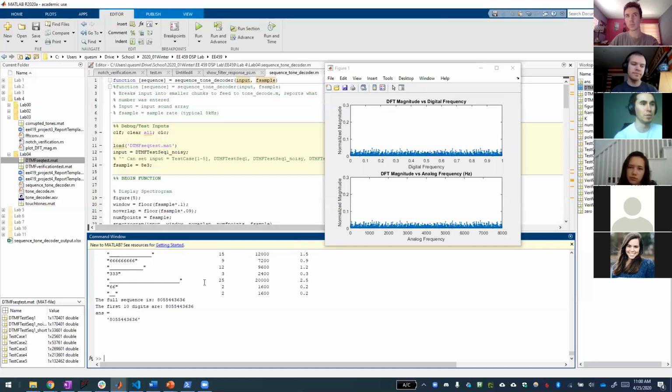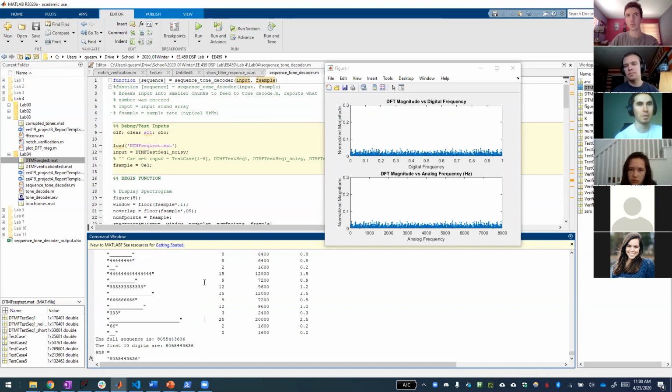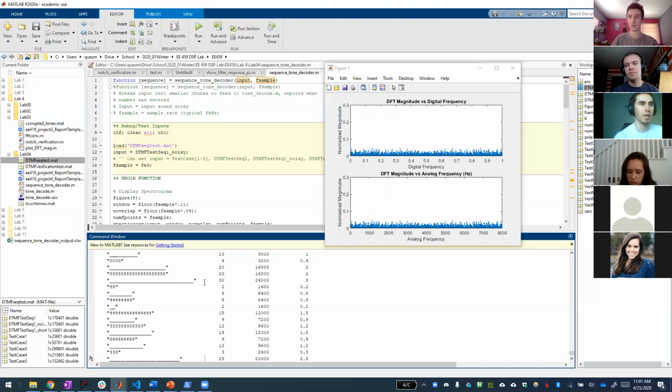Is there a reason they chose to go with chorded frequencies to represent a single number? You mean like having two frequencies? Yeah, like a 0 was some combination of, you know, 0.9 kilohertz, 1.5, something like that.